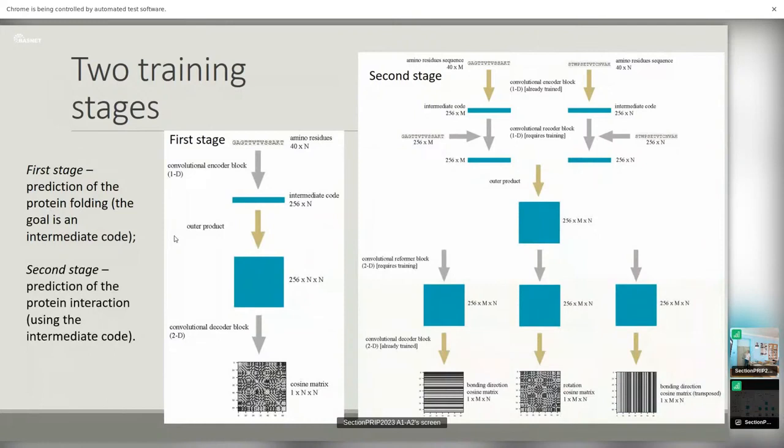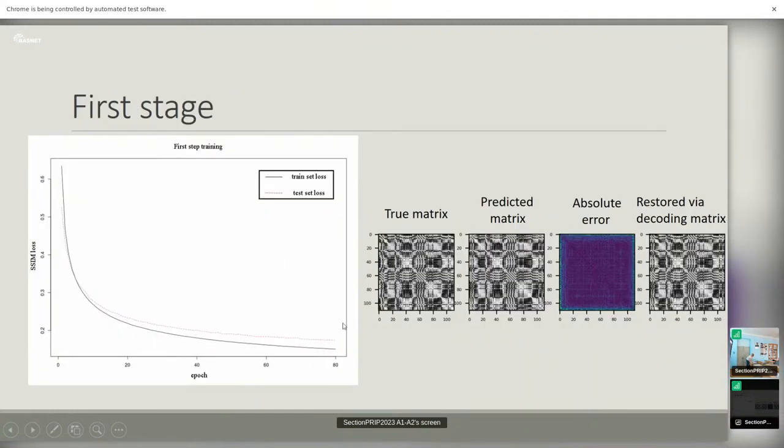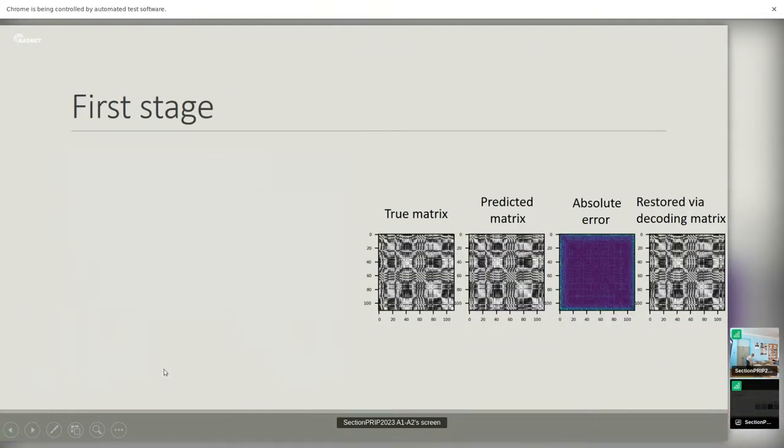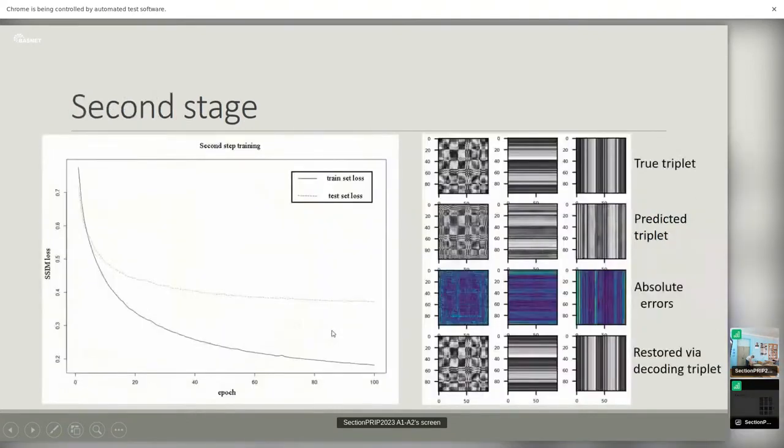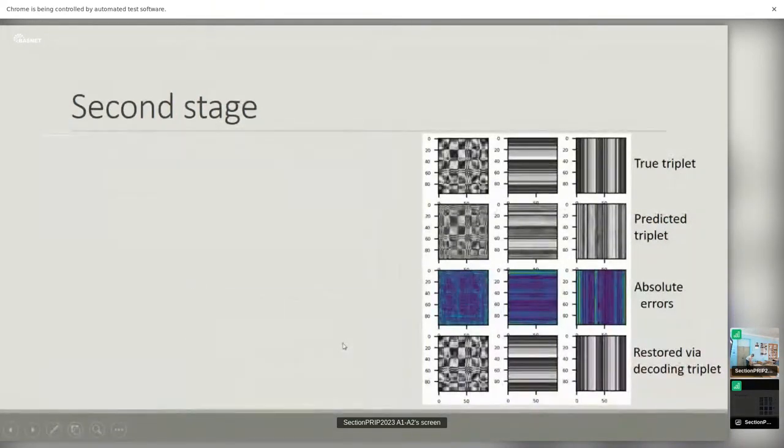On the first stage, we predict basically the fold from amino acid residues. It is needed to get an intermediate code, which we then use to predict our interactions. The first stage plot shows how it looks on the test set. Second stage, here is a bit of overfitting, but it's not as bad as it looks.